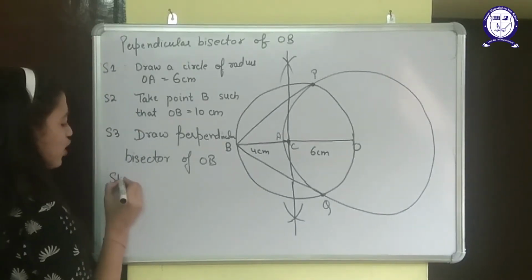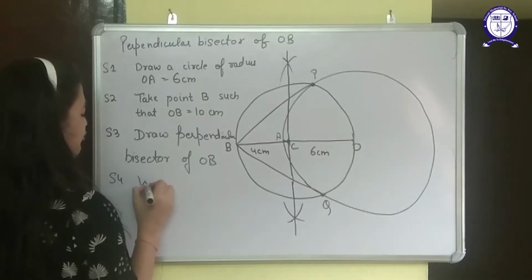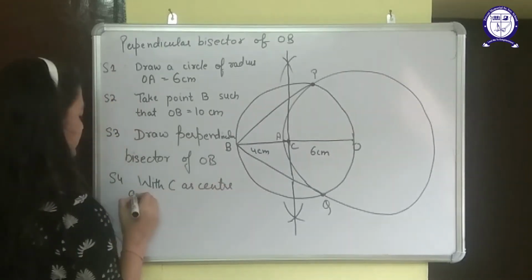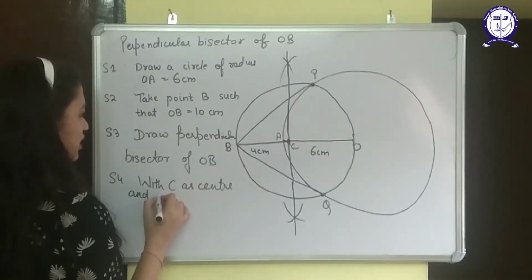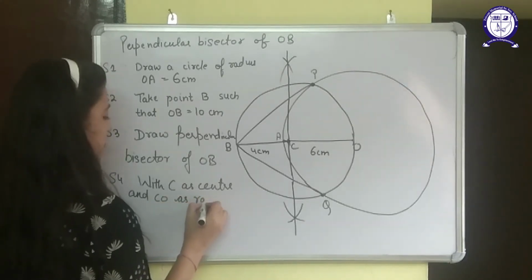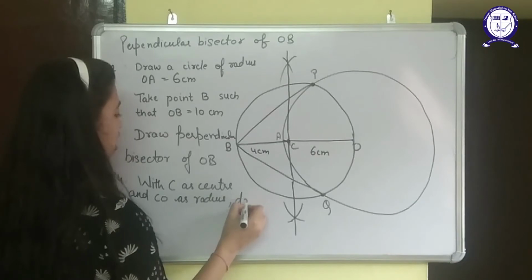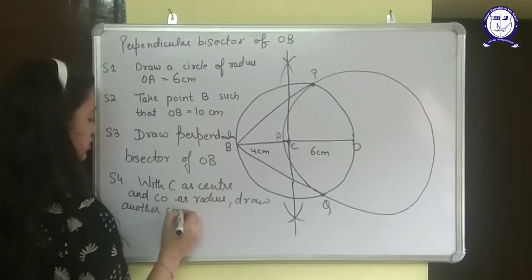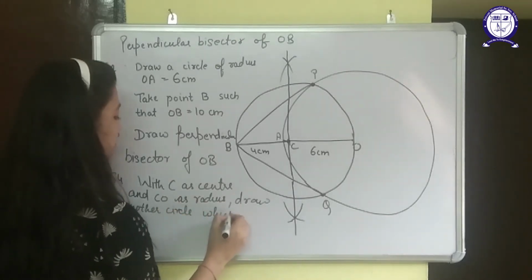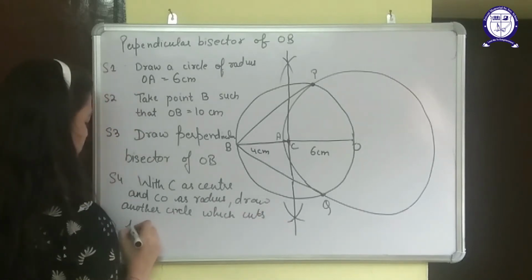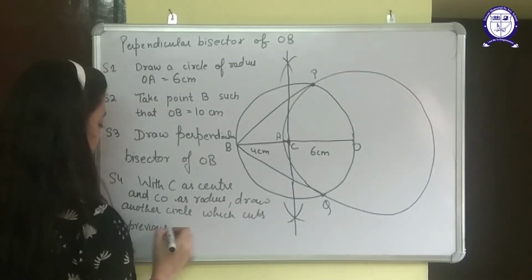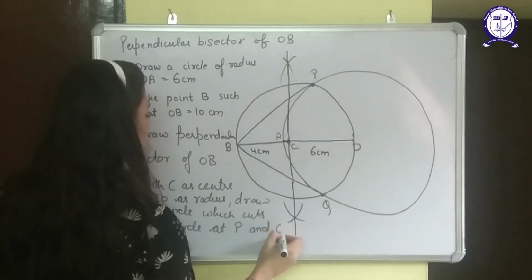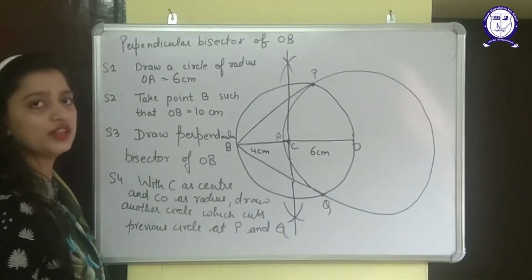Then my step 4 was with C as center and CO as radius, draw another circle which cuts the previous circle at P and Q. I have done nothing, just write whatever I was doing in the question.